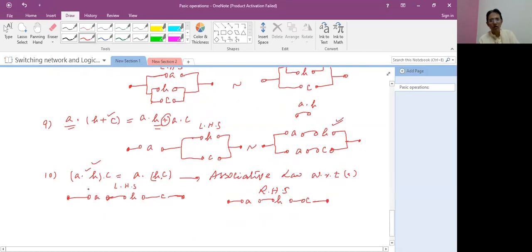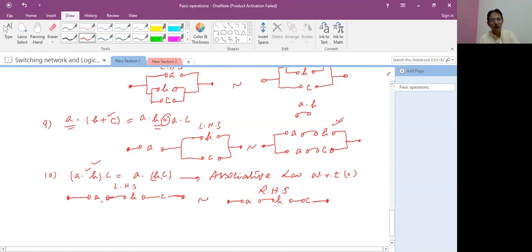Now the associative law with respect to multiplication: A dot (B dot C) is equal to (A dot B) dot C. This law is called the associative law with respect to multiplication. In both cases they are equivalent because both are multiplication.